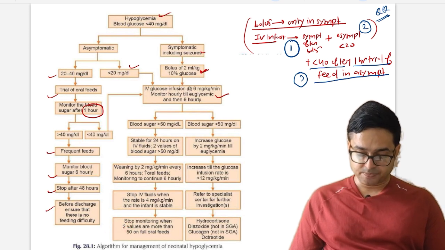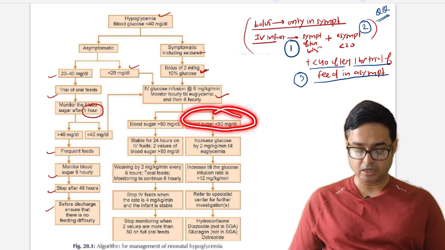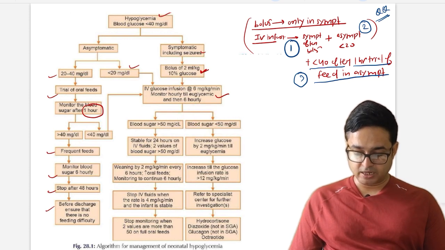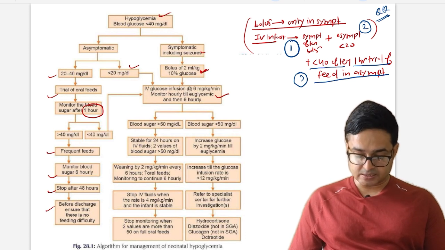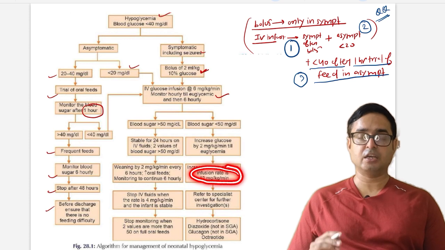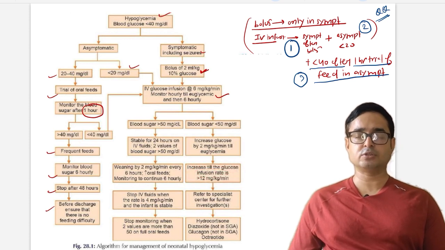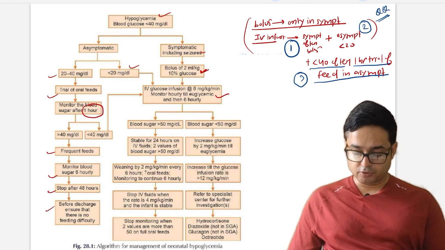If after starting infusion blood sugar is still less than 50, increase glucose by 2 milligram per kg per minute till euglycemia, up to a glucose infusion rate of 12 milligram per kg per minute. If you are going beyond that, you have to go for further investigation.